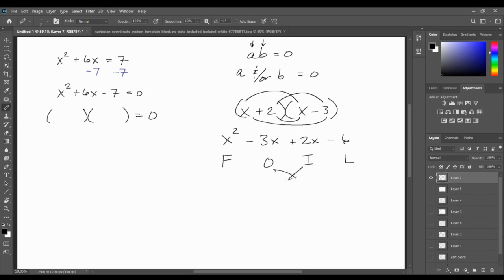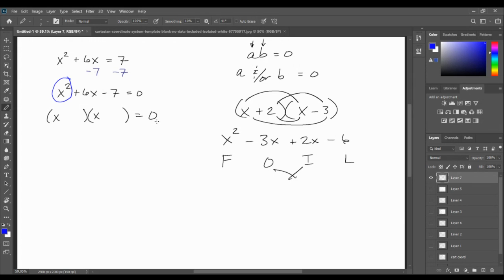So those we need to add to get the middle term. But the lasts always give me the third term, or the final term, and the firsts always give me the first term. So if I look at this first term here, this x squared, I need two things that I can multiply together to get that, and those will just be a couple of x's.